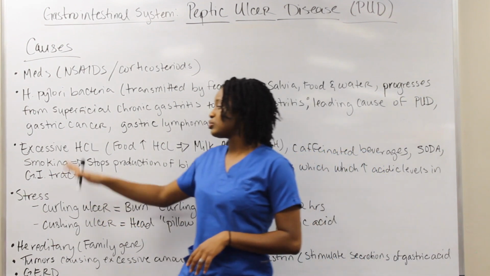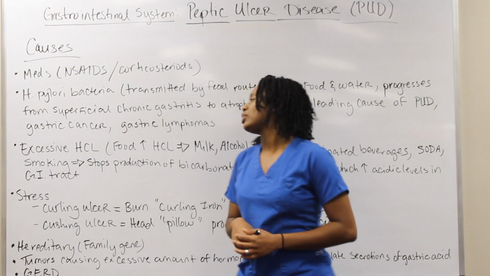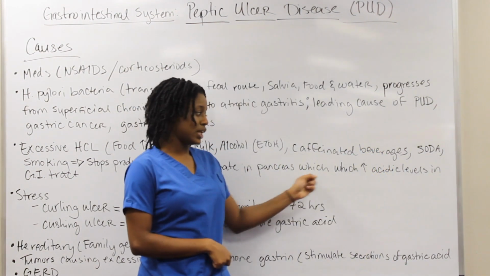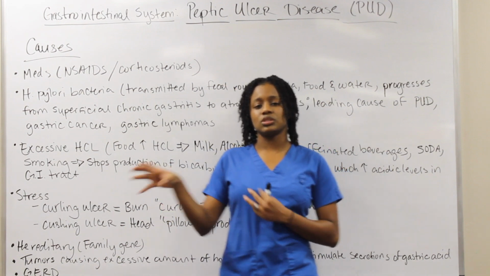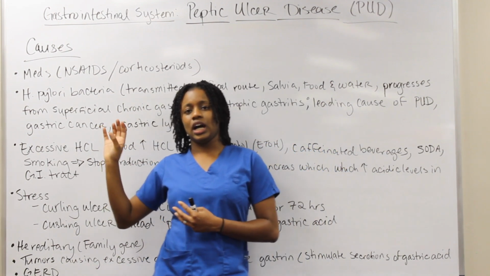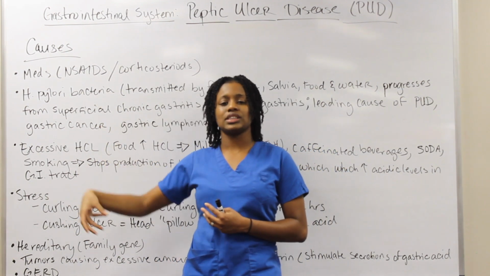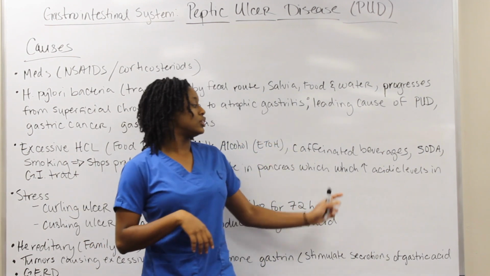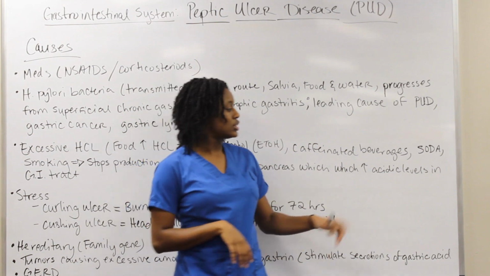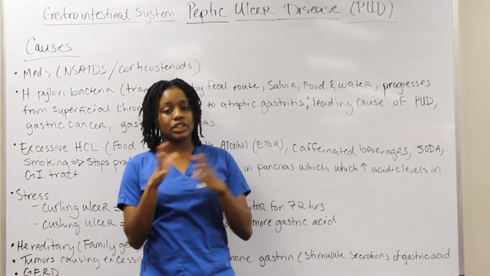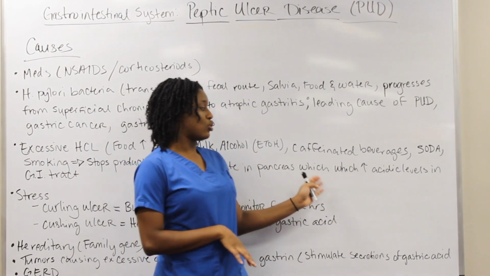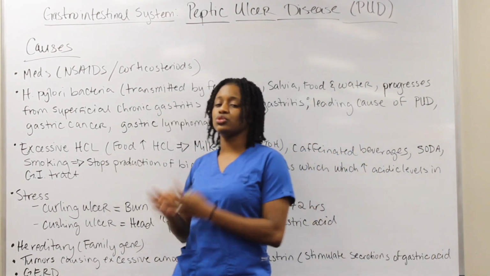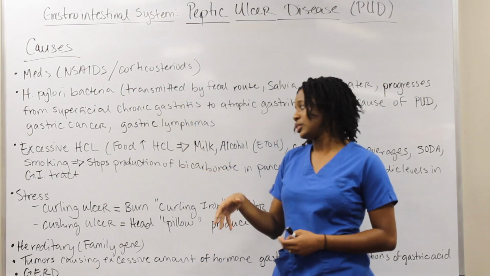Well, in this aspect, it's stopping the production of bicarb that the pancreas makes, that's secreted into the small intestines once all of the food has entered the duodenum area. Smoking blocks that production from happening, which only increases the acidic levels. So that's how smoking contributes to peptic ulcer disease.